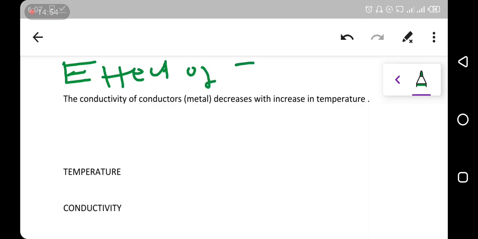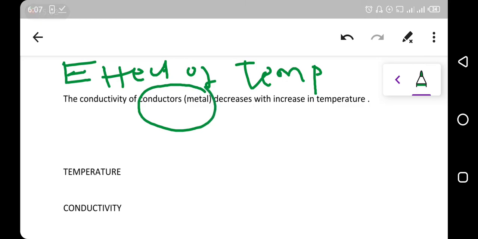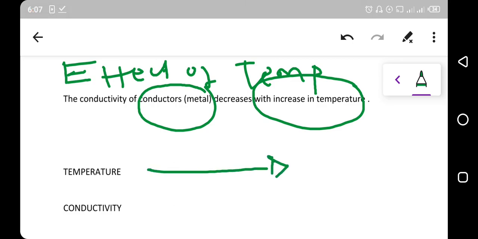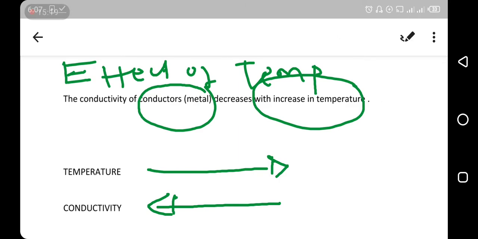In metals, the conductivity of conductors, especially metals, decreases with increase in temperature. For example, as temperature increases, the electrical conductivity decreases. This is for metals.